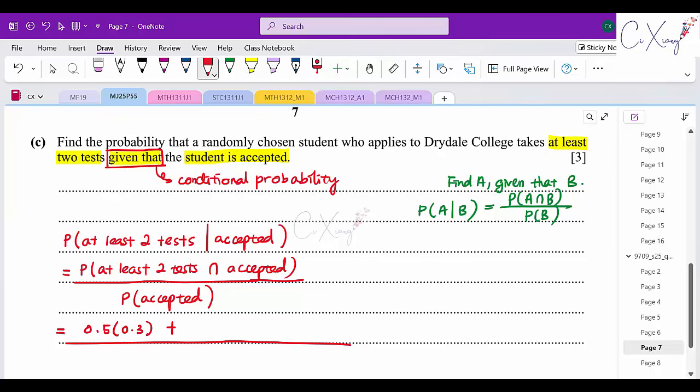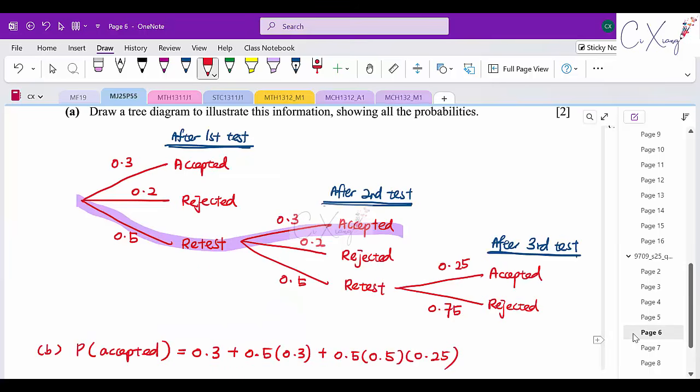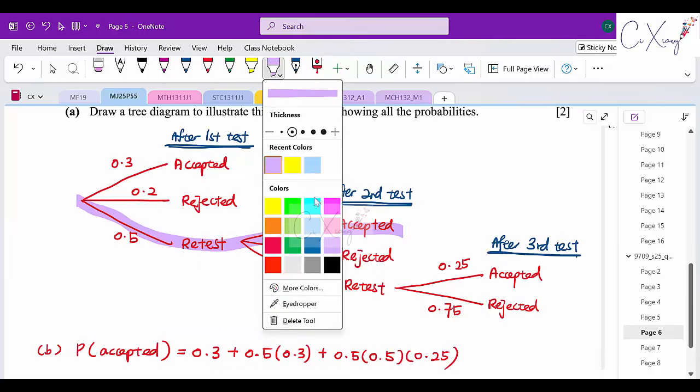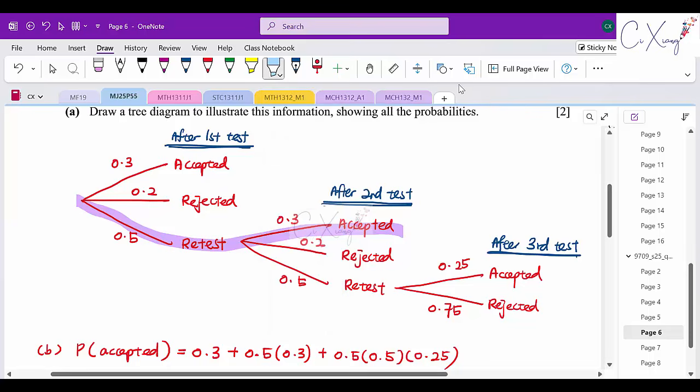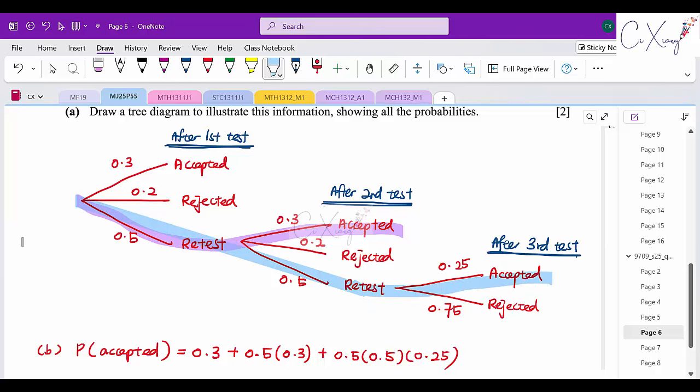Then plus. Is there any other possible case? Then you have a look one more time. You will realize that if I take the first test, they ask me to retest. So the retest is the second test, right? I can also retest again, then finally be accepted. So the blue color one is another outcome, where you are taking 3 tests here: first test, second test, third test.